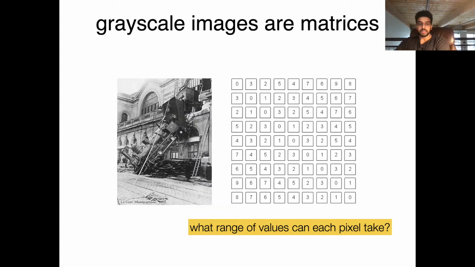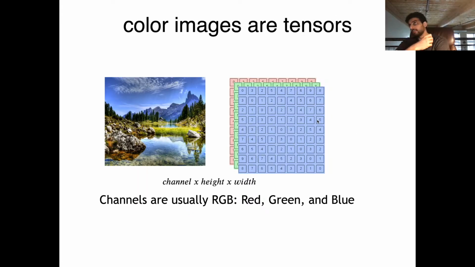If we want to move to a color image, it's essentially the same thing, except instead of just one matrix full of pixels, for an RGB image we'll have three different matrices, and together they form this three-dimensional tensor, where the first dimension, channel, corresponds to the color.